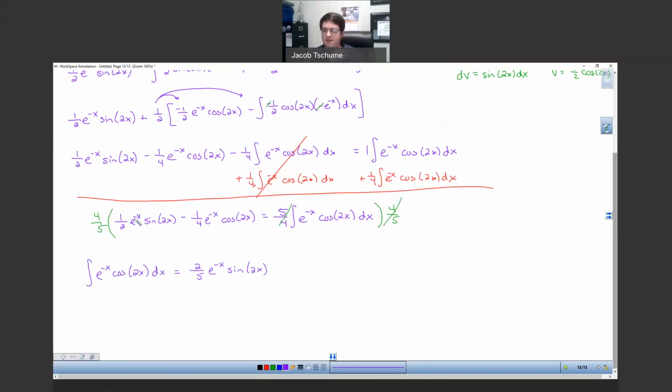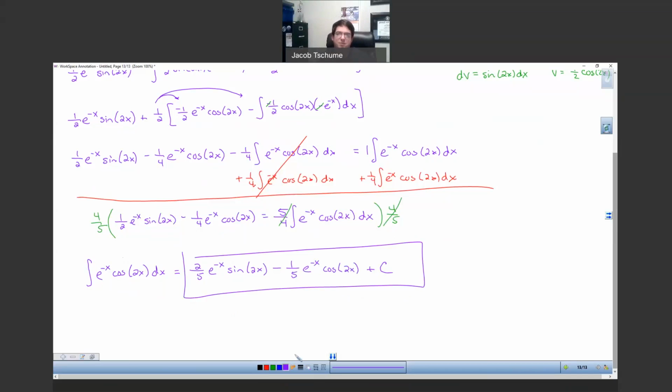And then 4/5 times a negative 1/4 would actually cancel the 4's and give us a minus 1/5 e to the negative x cosine of 2x. And then now that we know it's an indefinite integral, you can add a plus c onto the end and this is your final answer.